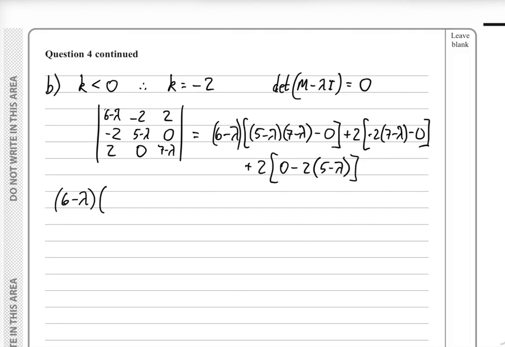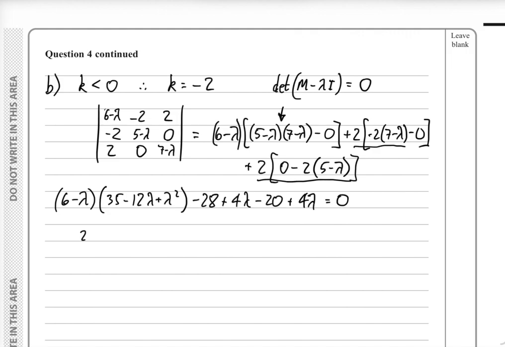I'll expand this bracket here, 35 minus 12 lambda plus lambda squared, and then I'll expand all of this together, that's minus 28 plus 4 lambda, and then all of this, minus 20 plus another 4 lambda, and all of that has to equal 0. 210 minus 72 lambda plus lambda squared, minus 35 lambda plus 12 lambda squared minus lambda cubed minus 48 plus 8 lambda equals 0.